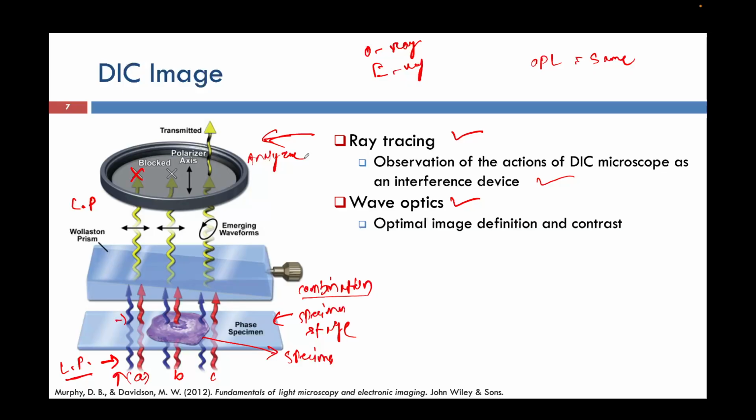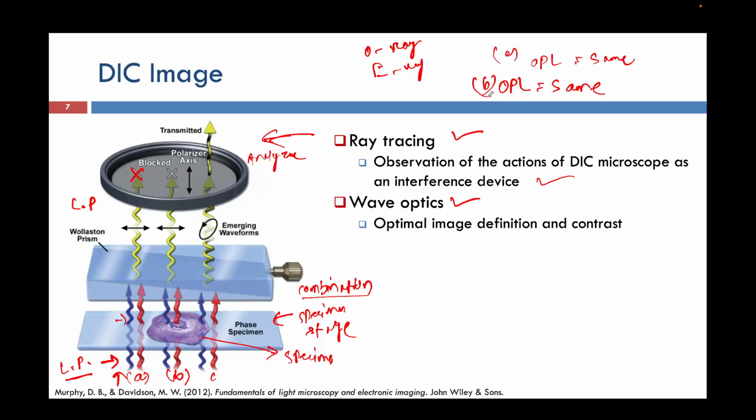Now in the case of B, the same linearly polarized waves are coming, but they both interact with the specimen. Since they both interact with the specimen, whatever path length they have, the same will be true here: the optical path length will be the same, right?